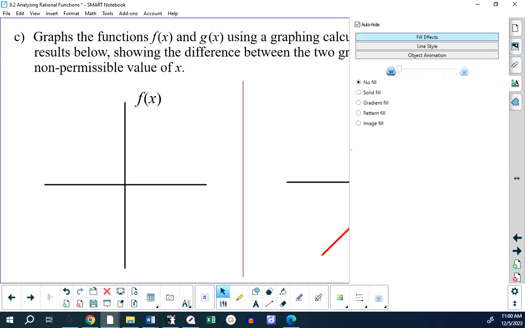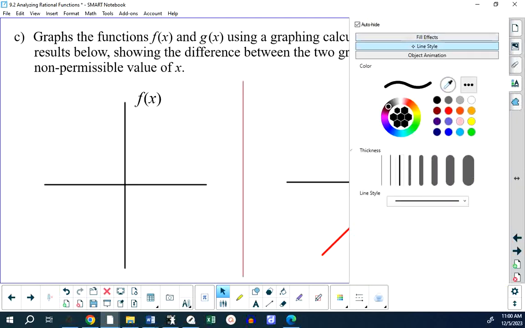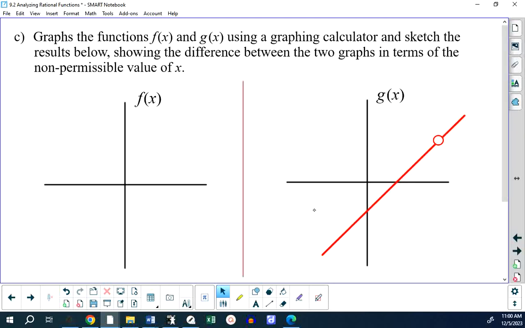There we go. That's what you get. So we have a point of discontinuity. This point of discontinuity is at 2.